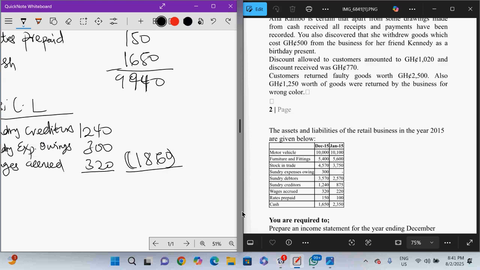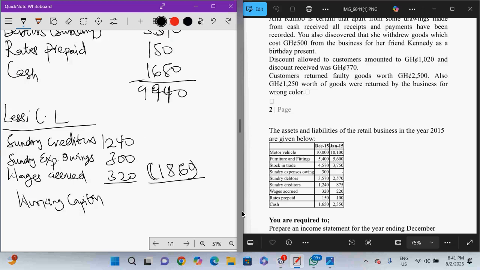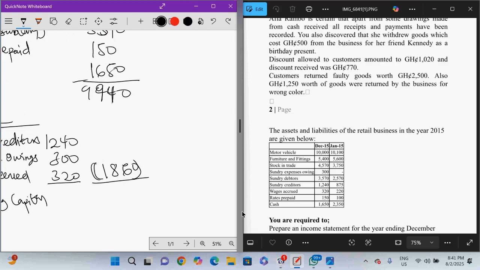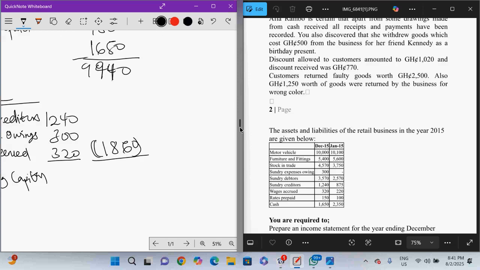If we deduct this from this, we are getting our working capital. 8080.